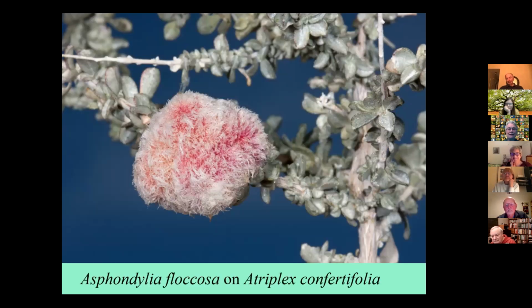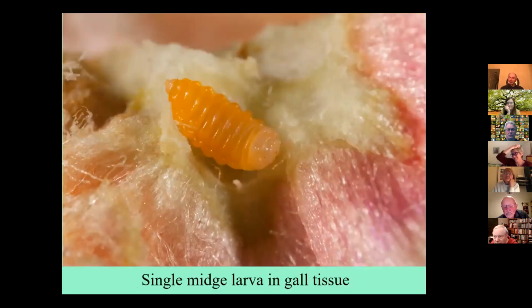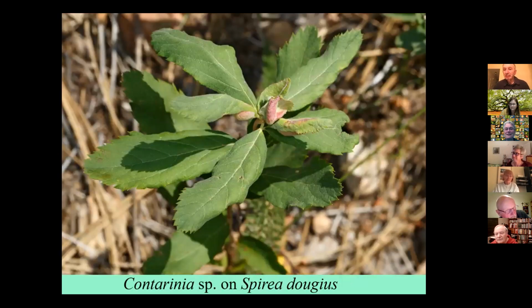Okay, here is, we've seen this before, this beautiful fuzzy pom-pom gall. It's on saltbush, or coyote bush. This is a single midge larva in the middle of the gall tissue. So that's what we can see inside. That's a cecidomyiid. Here, and this is interesting, I had to look twice to see it.